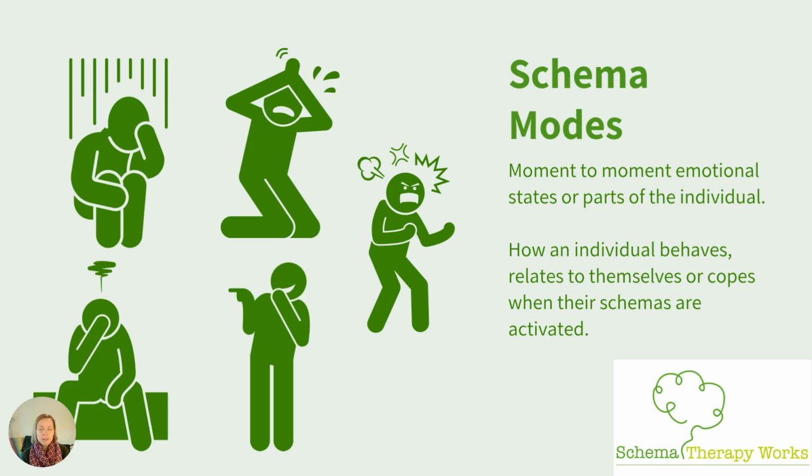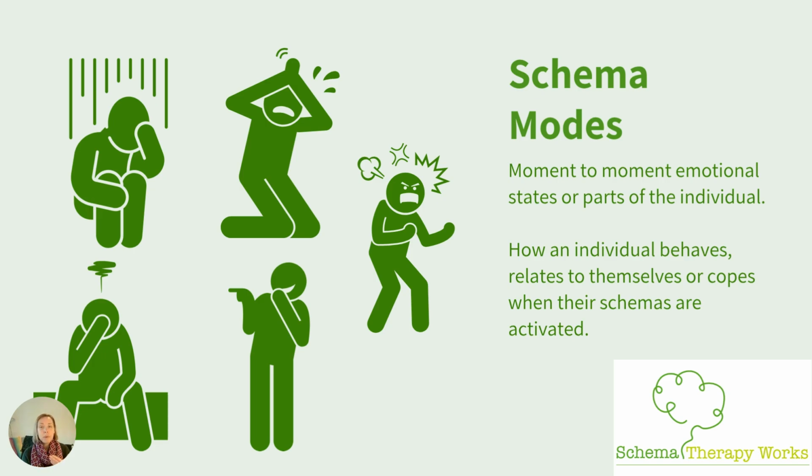And so an example of this is where a client might come into the room with me and they might appear quite flat and emotionless. And then they might shift to feeling incredibly sad. And then I hear self-criticism coming in. And then the individual might shift to being very emotionally cut off again.